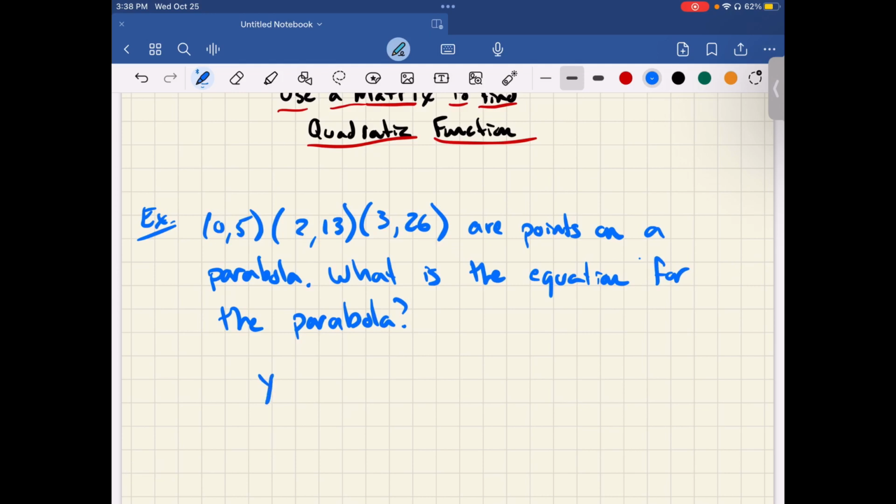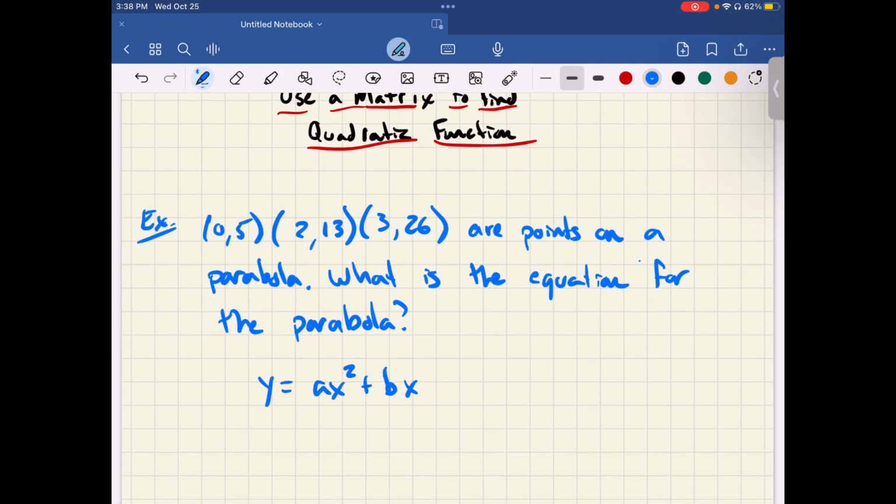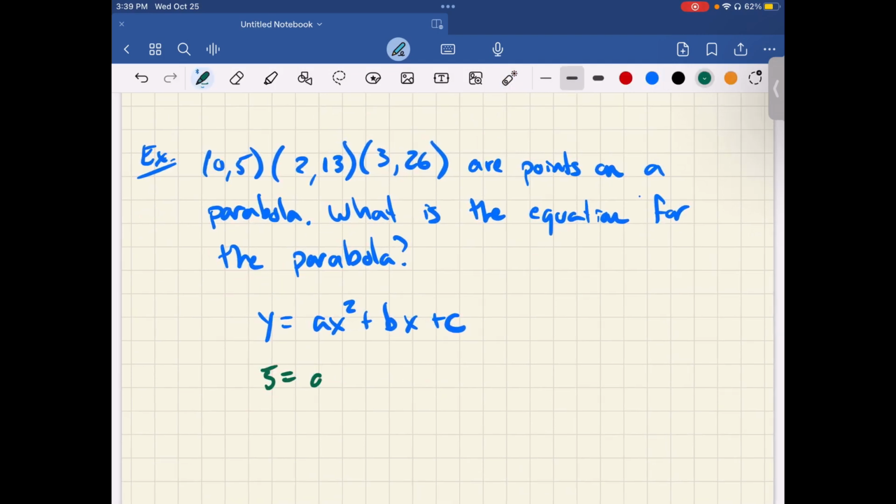So here's what we do know, right? We know that the equation for any given parabola can be written in standard form just like this, right? And so if I take each of the individual points and plug them in, for example, xy, I know that xy is 0, 5, so I can go through and plug in a 0 here and here. I can plug in a 5 right there. So I'm going to have 5 equals a times 0 squared plus b times 0 plus c.